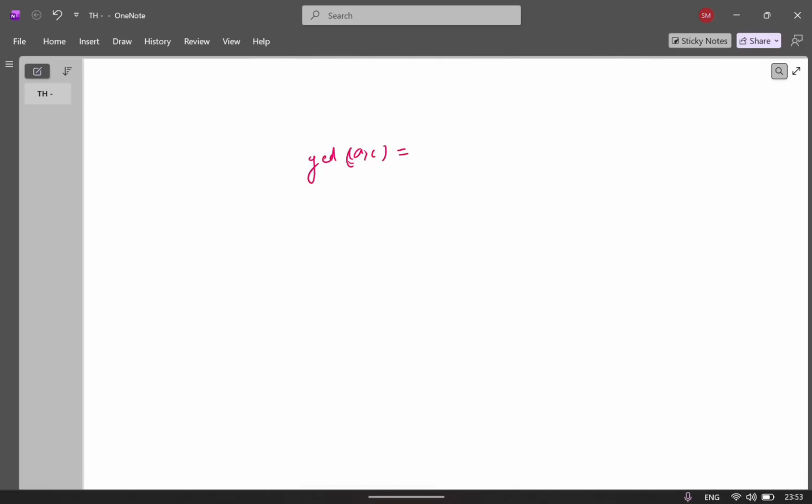So let's assume it to be ZB. So GCD of A comma C is ZB. That means A modulo ZB is 0, C modulo ZB is 0. That means A modulo B is 0, C modulo B is 0. So what do we get at the conclusion?